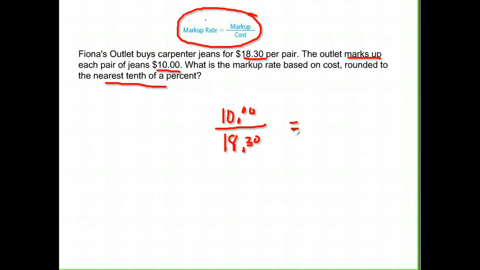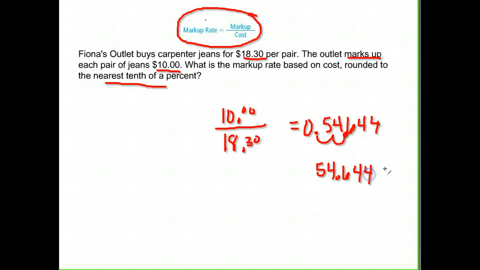Again, when it's in this form, you put the top number in first, then hit the divide sign, and then put the bottom number. So you're doing 10 divided by 18.3, which gives me 0.54644. They wanted me to change that to a percent, so I move my decimal 2 places to the right, which now puts me at 54.644%.